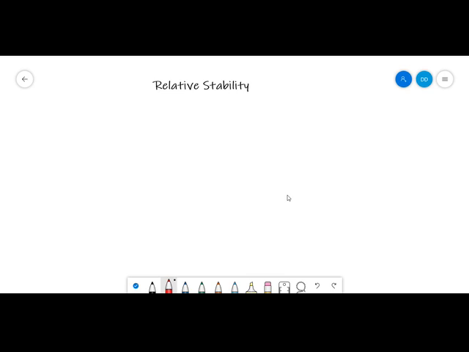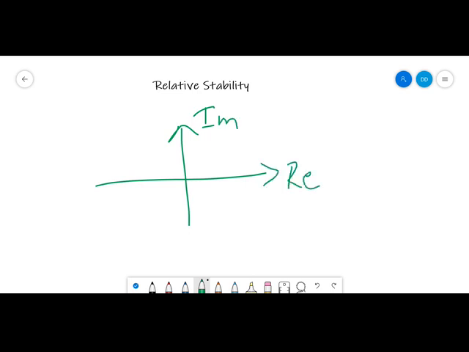So what we have here is the S-plane. This is the imaginary axis and this is the real axis. Suppose we have either a real root or a complex conjugate pair of roots on this vertical line in the S-plane.